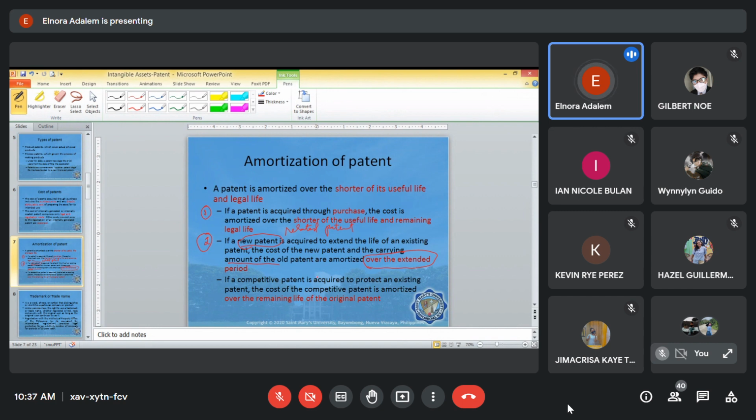Take note of that. The third case is for a competitive patent. The cost of a competitive patent will be amortized over the remaining life of the original patent. Okay?